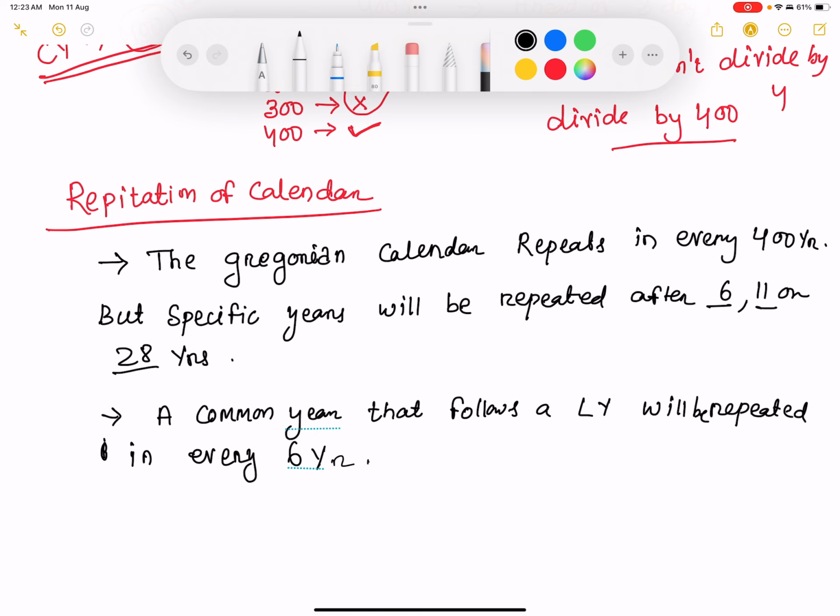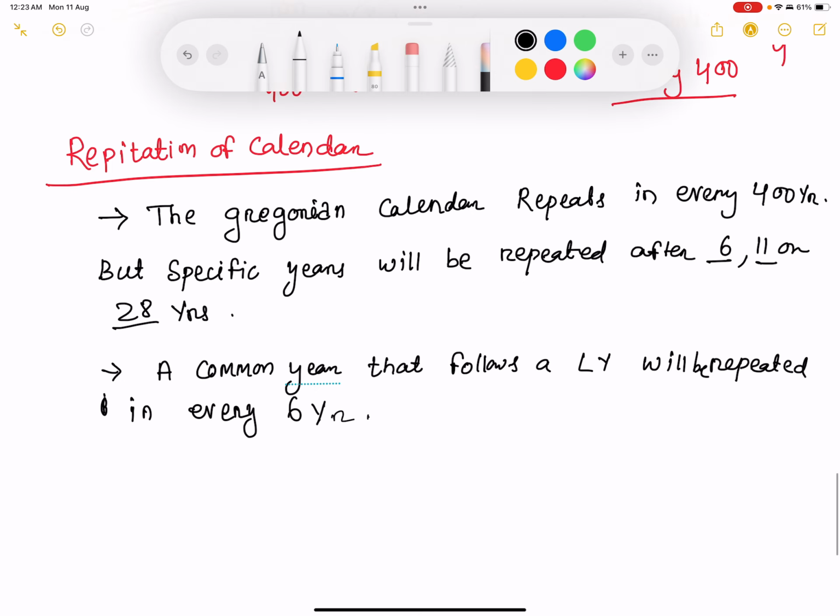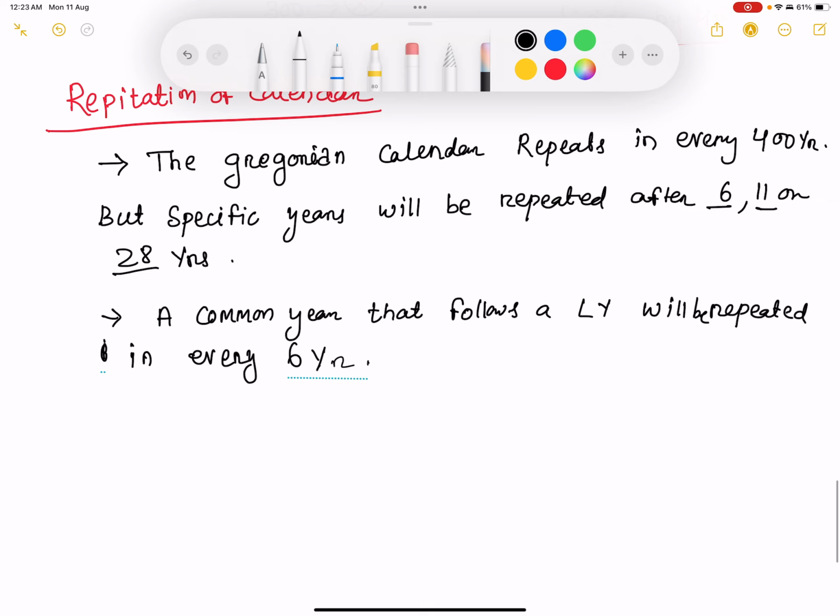Okay, now tell me. Common year means, suppose 2004 is a leap year. So 2005 follows one leap year. 2005 follows one leap year means, so next one will be 2011.